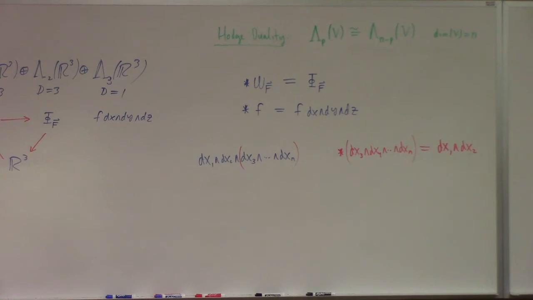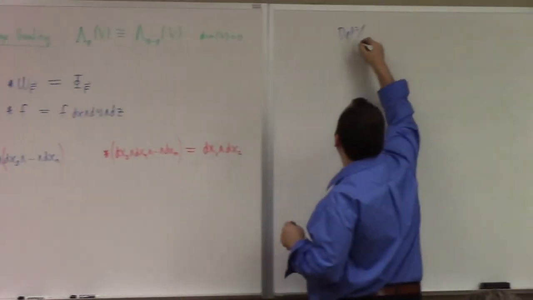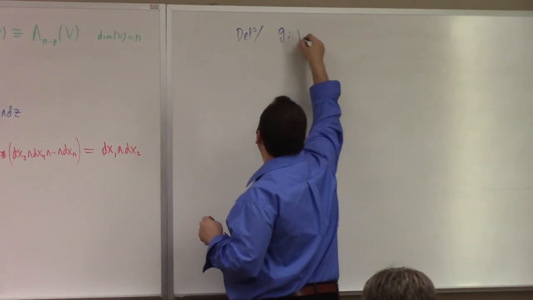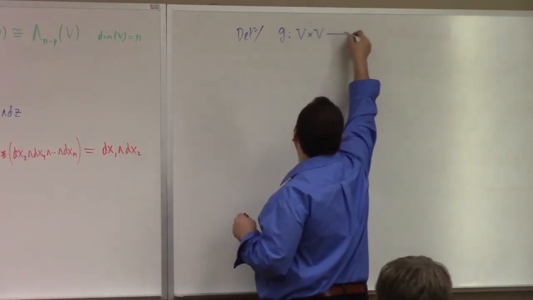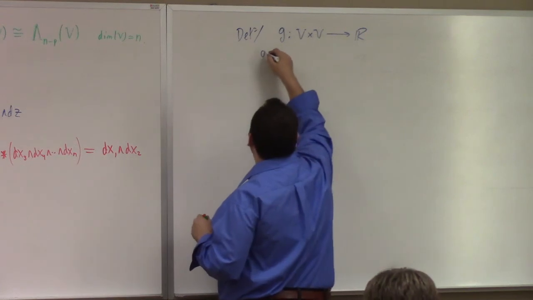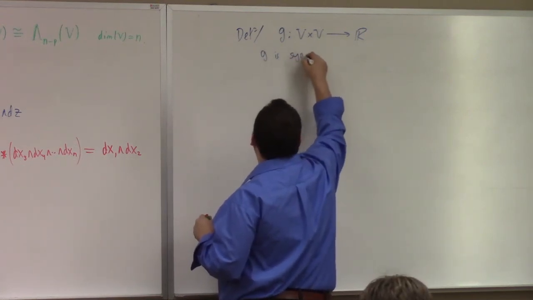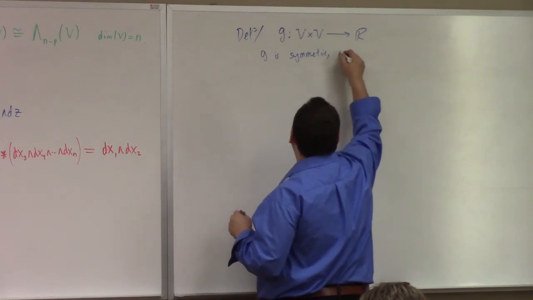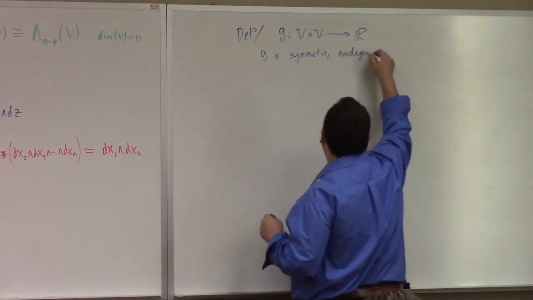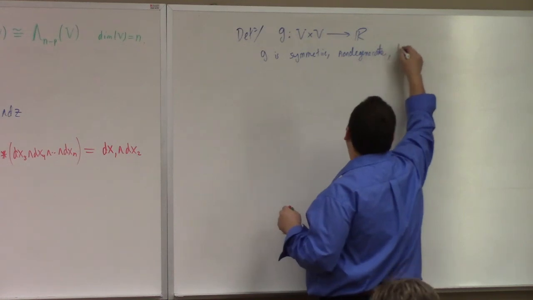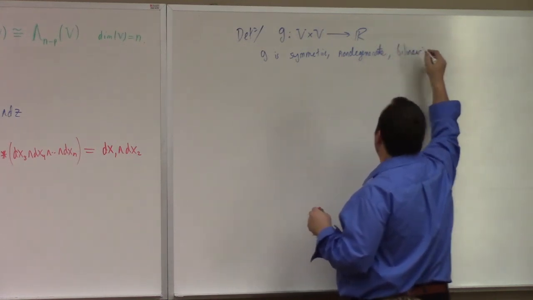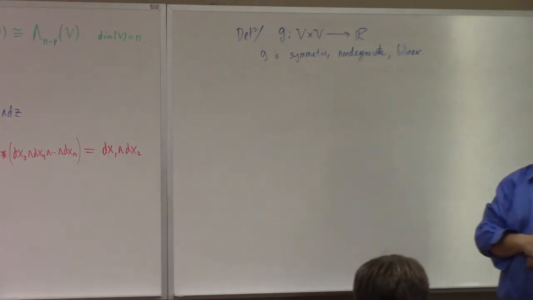So to define Hodge duality for a vector space that has a metric, and by a metric I don't mean an inner product. Definition: if we have G going from V cross V to the reals, where V is a real vector space, and G is symmetric, non-degenerate, and bilinear, then that makes G into what's called a metric.